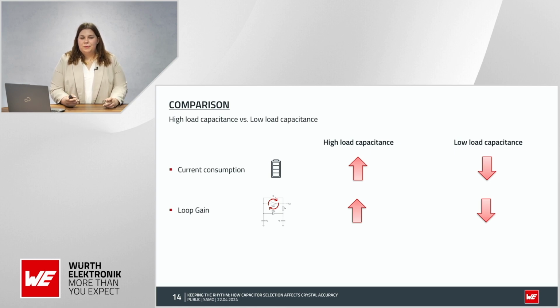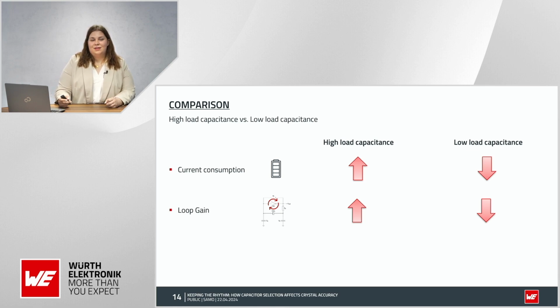Then we have the loop gain. The loop gain is an important value to make sure that your crystal is oscillating. So if you have high capacitance values in your circuit, you will need a high gain value. On the other side, if you have a lower capacitance value, you will need a lower loop gain.